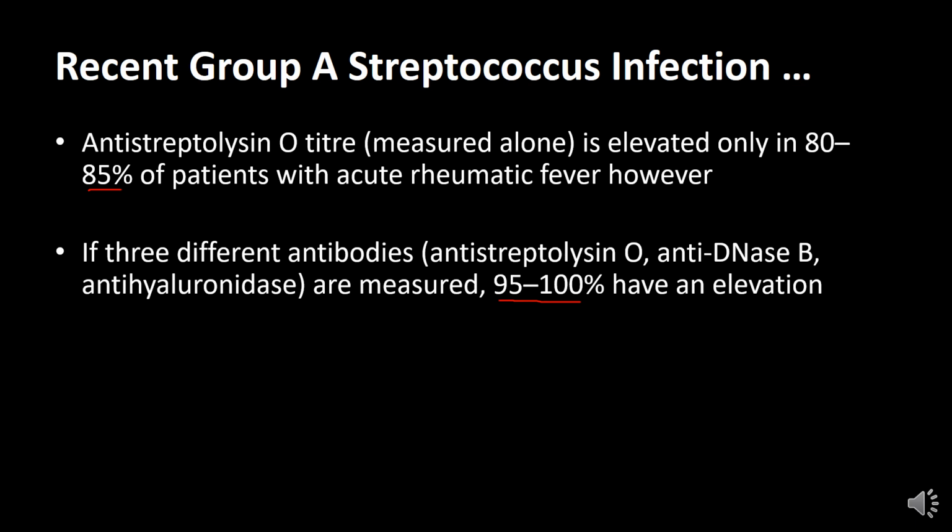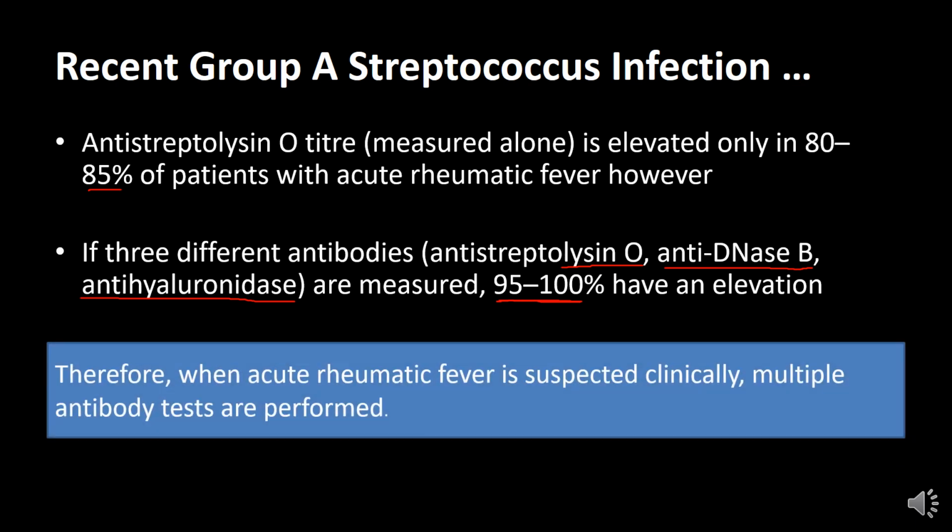So you do anti-streptolysin O, you do anti-DNase B, and then you also do, it's a mouth-filling word, man. You do that. So this one will give you a positive rate of up to 95 to 100%, which is a better thing to do.